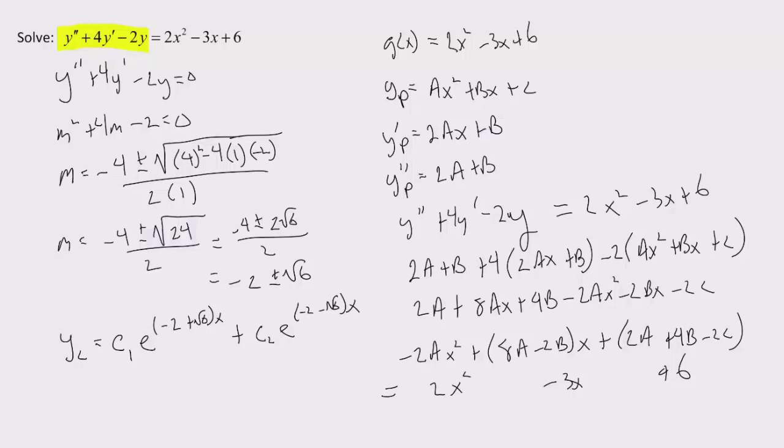So, negative 2a, I'm going to highlight this. Negative 2a has to equal positive 2. And 8a minus 2b has to equal negative 3. And 2a plus 4b minus 2c has to equal positive 6. So that's going to give me 3 different equations that I can go back and solve.